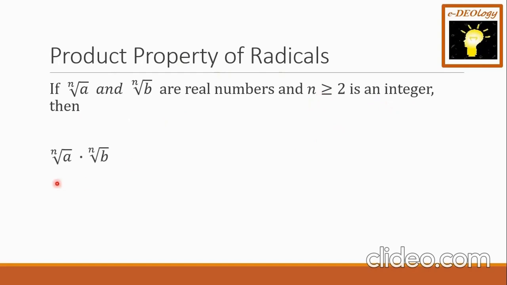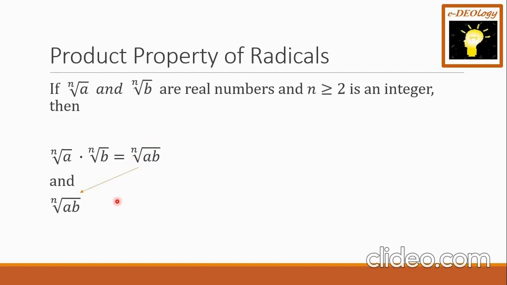Then, if we multiply this nth root of a and the nth root of b, take note that the indices are the same. The answer will be a radical with the same index, and we multiply the a and the b. So you see here, the answer is the nth root of ab. This equation here is what we call the product property of radicals.